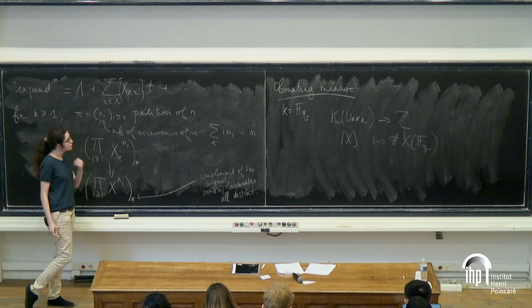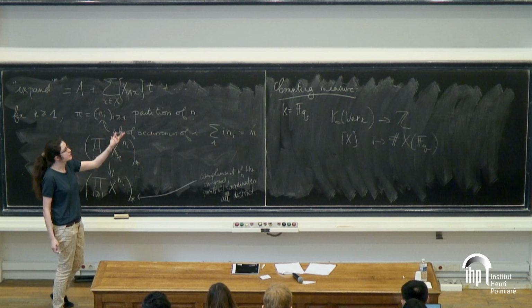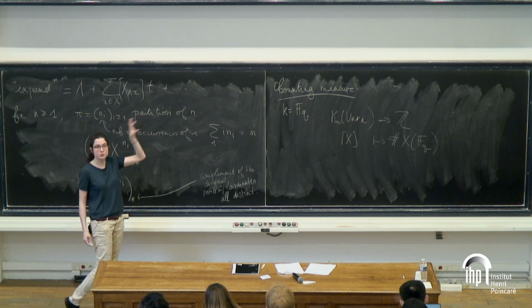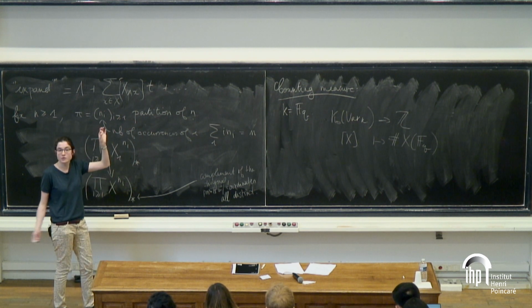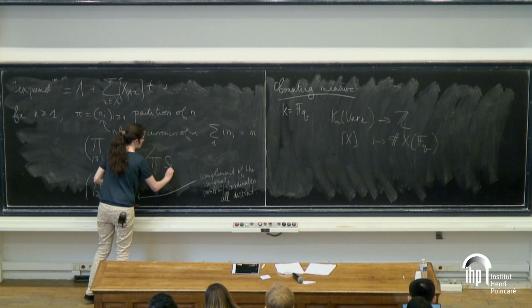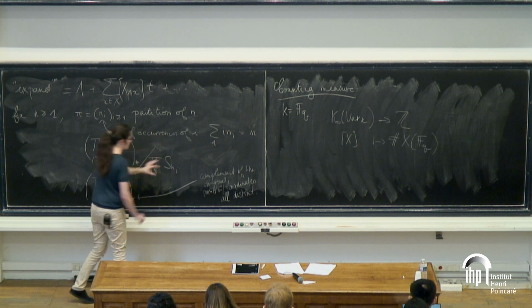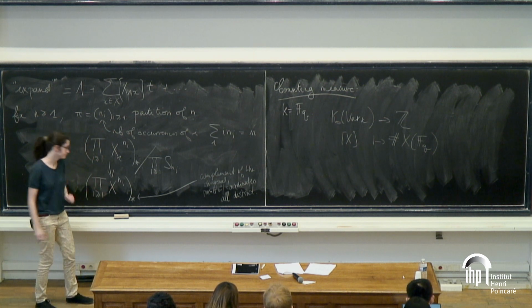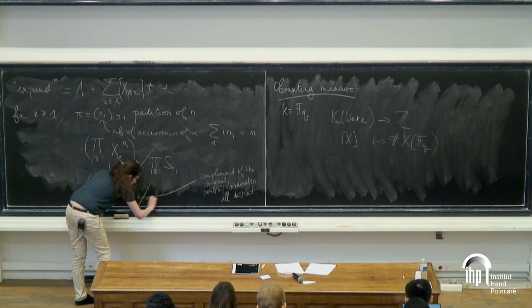And the last thing I need to do is notice that between factors where I chose the same term, there is no real difference, so I should take the quotient by the permutation action by this product of symmetric groups. And I do the same on the bottom.